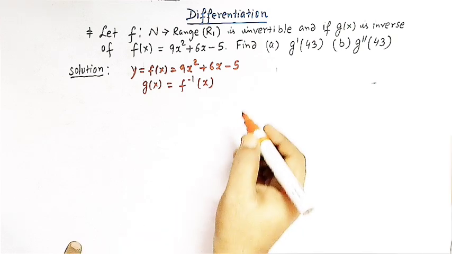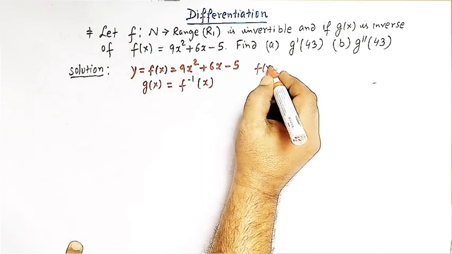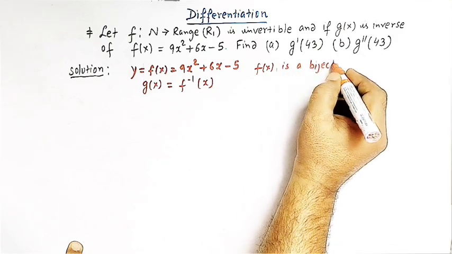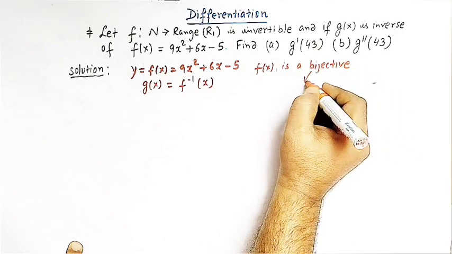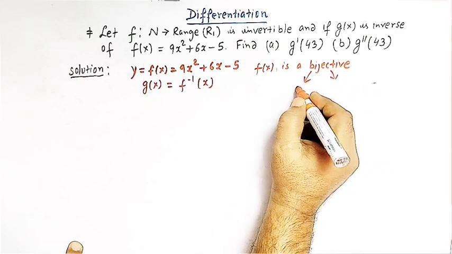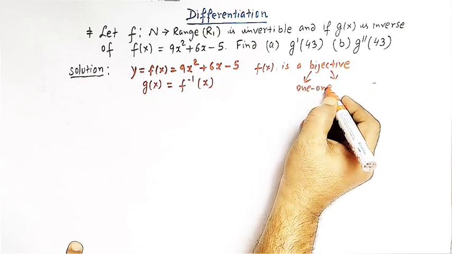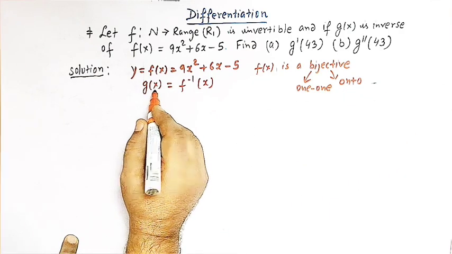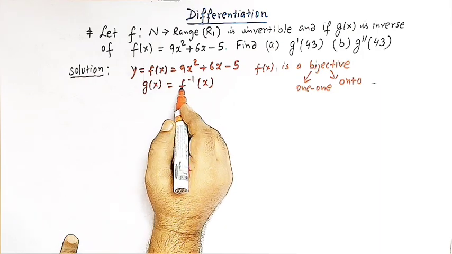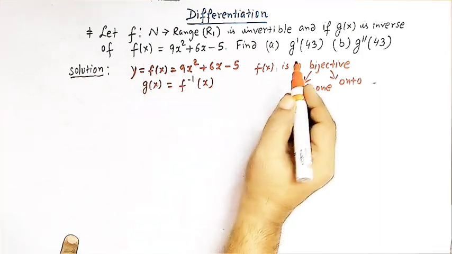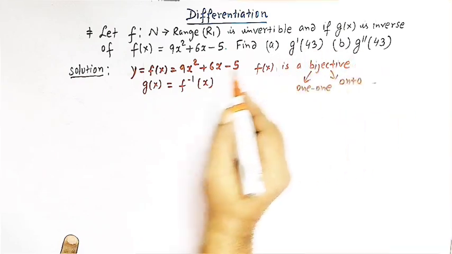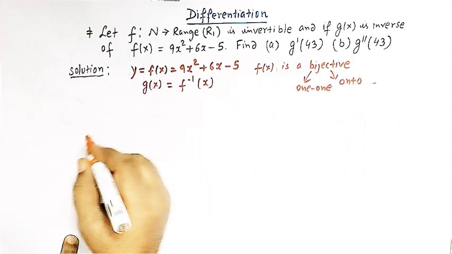It implies that the function f of x is a bijective function, so f of x must be a one-one and onto function. Now here g of x is given to be the inverse of the function f of x, and we have to find the first derivative and the second derivative of the inverse function.